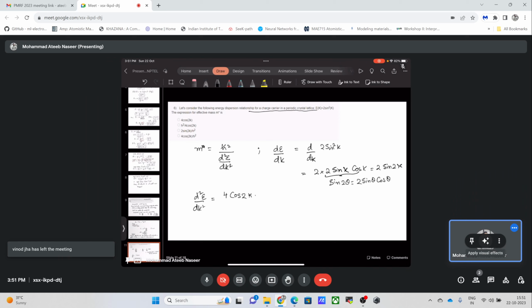Now let's substitute this in equation 1. M star will simply be equal to h bar square by 4 times cos of 2k. So which option does it resemble? It resembles option B.